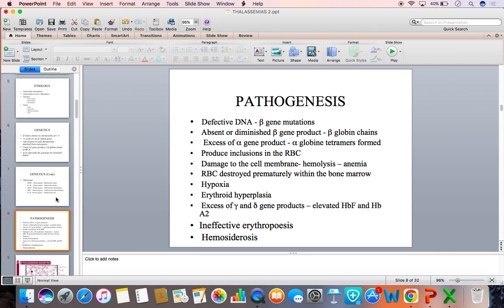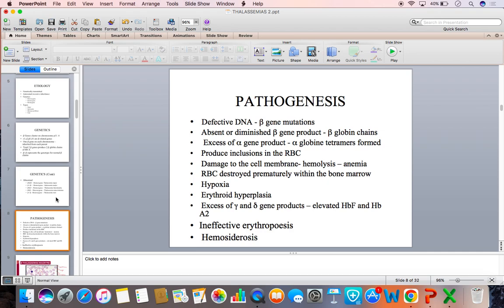RBC destroyed prematurely within the bone marrow. So this phenomenon is called ineffective erythropoiesis. That means the erythropoiesis occurring from the erythroblast to the matured RBC will not progress normally as it happens in the normal individual. Okay?